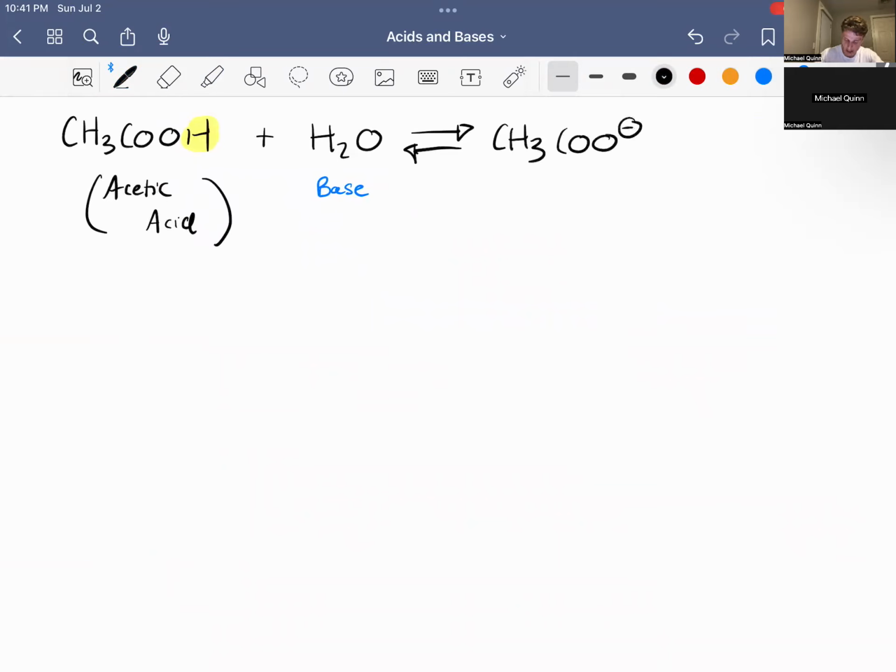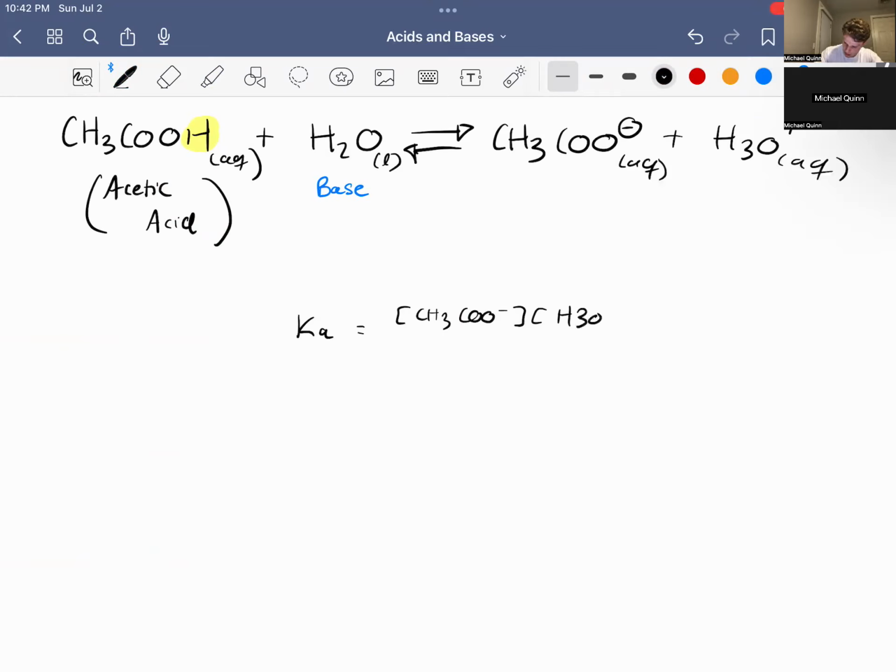It lost its hydrogen, and water will become hydronium. So the Ka for this reaction is going to be equal to CH3COO- times H3O+ over CH3COOH.